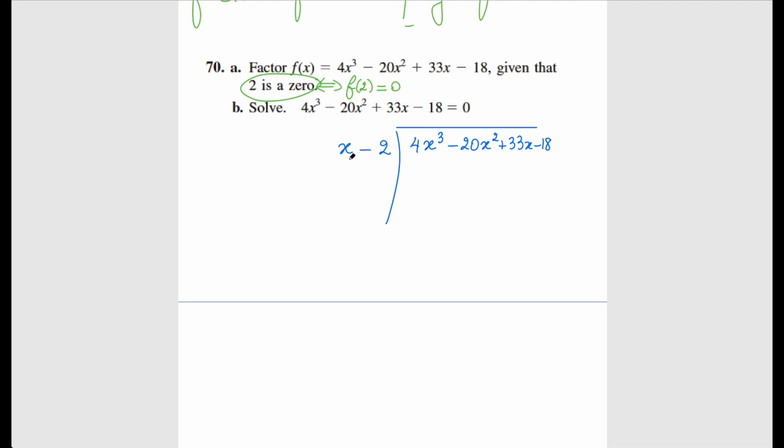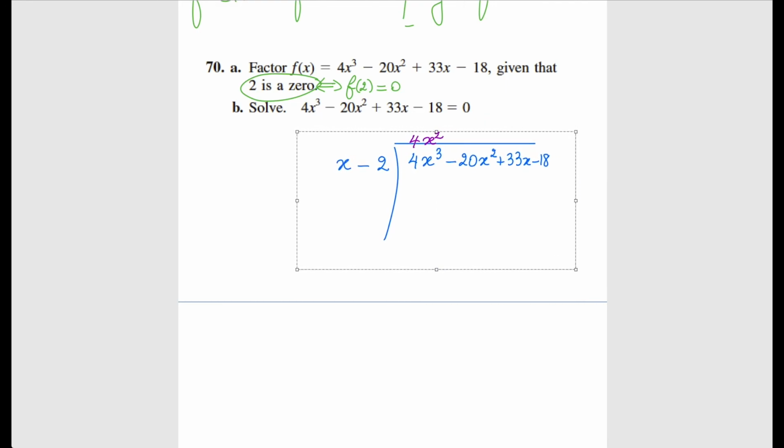So what should I multiply x with to get 4x cubed? Just pay attention that all the terms are in descending order for the exponent. That's good. So the arrangement is good. Likewise here. I'm going to multiply x by something to get 4x cubed. What is that? 4x squared, right?